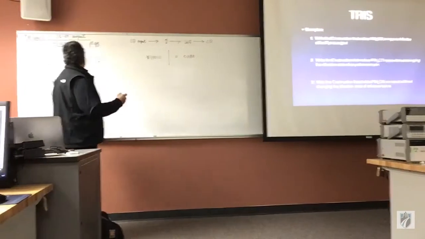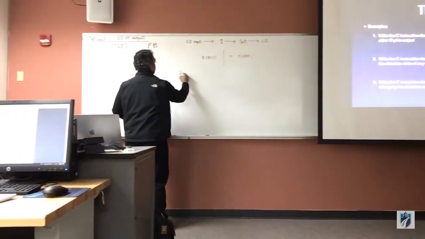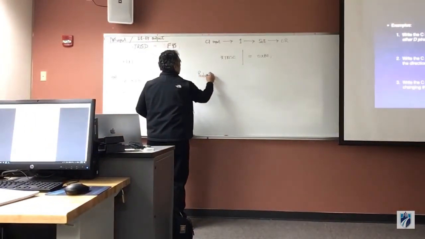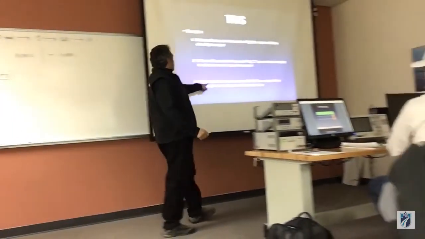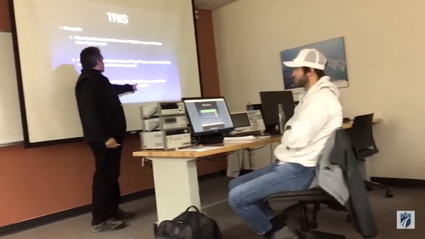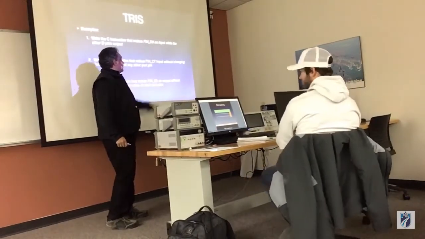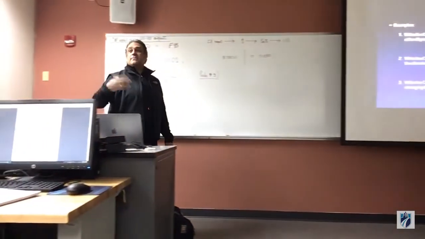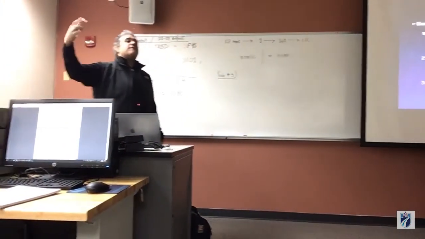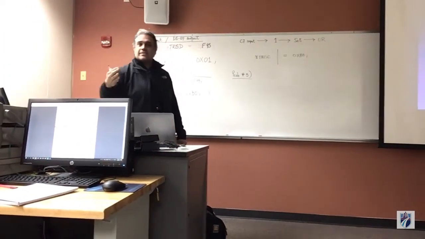Okay, let's do problem number 3. In problem number 3, we're going to be writing down the instruction that makes C6 an output without moving anybody else. So I know bit masking is part of the game. Every time you say without affecting somebody else, you know bit masking is part of the way.